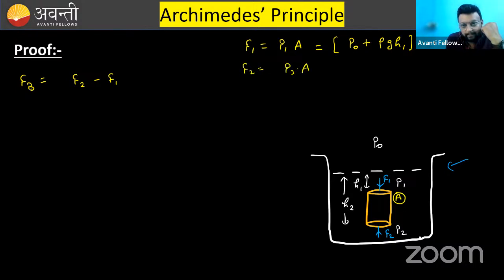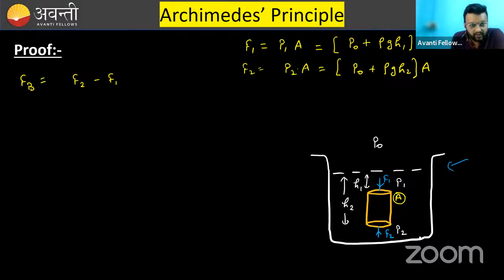P2 into A, and P2 is what? You will say, sir, atmospheric pressure P naught plus depth h2. So you can write rho g h2. This is pressure into area. Area is what? A.